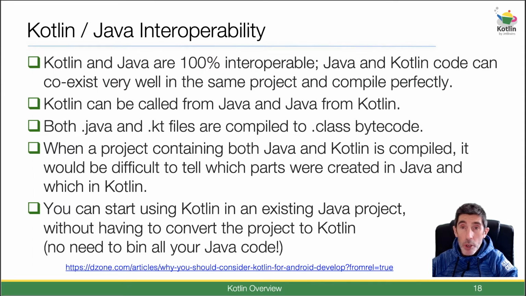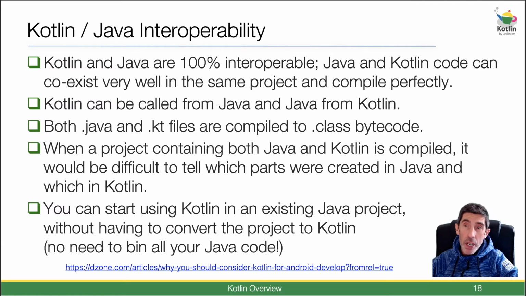To talk a little bit more about it, Kotlin and Java are 100% interoperable. Java and Kotlin code can coexist very well in the same project and compile perfectly. And we'll see that in the next section. Kotlin can be called from Java and Java from Kotlin, so that's a really nice feature. You can create a Kotlin object inside your Java program, and vice versa.